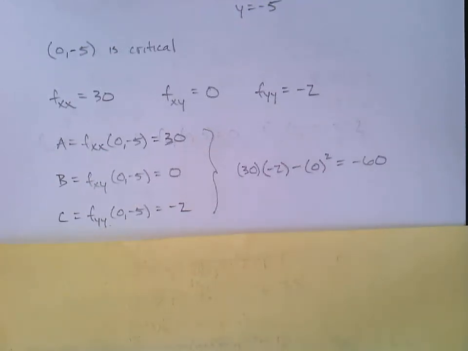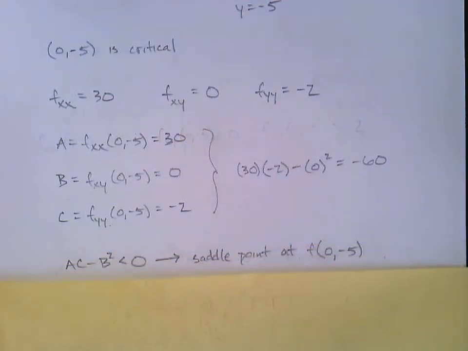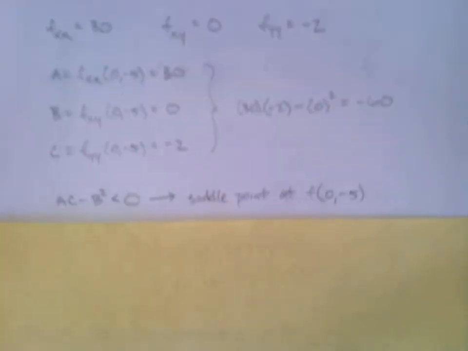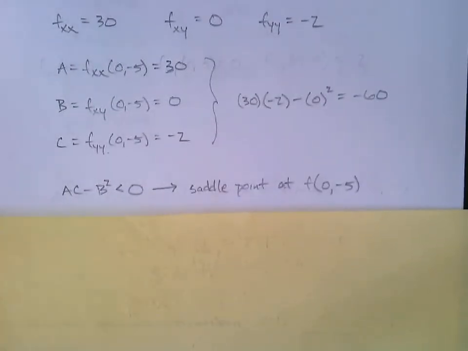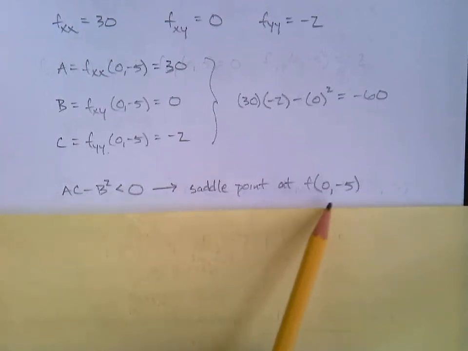We'd say, all right, we got a negative answer for AC minus B squared. What does that mean? Well, it turned out that was actually the one where we can just stop at that point. If AC minus B squared is negative, we know we have a saddle point at f of (0, negative 5) at our critical point.